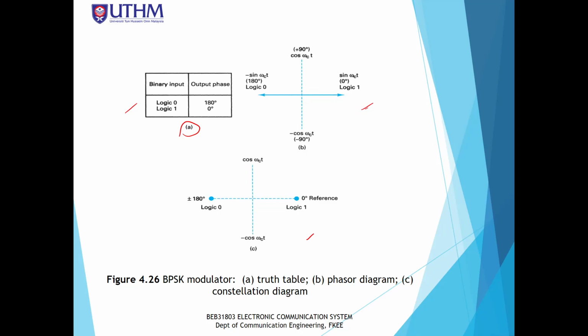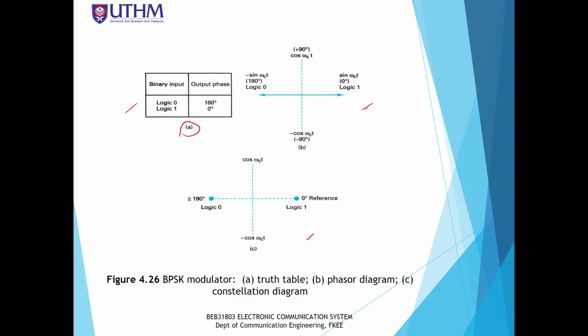Remember, we are learning about PSK, so it is about changing the phase of the carrier. So logic 0 is 180 degrees out of phase, and logic 1 is 0 degrees out of phase. That means no change of phase.